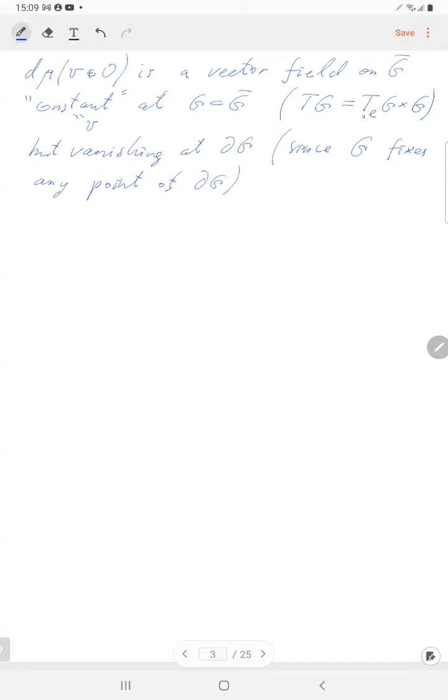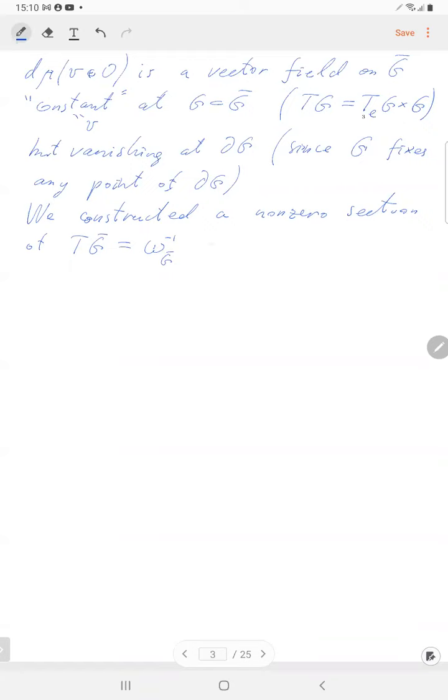Okay, and so we produced a regular vector field, right? And this means, well, it's enough. So we produced a non-zero section of the tangent bundle of G bar, and this is just the canonical class of G bar inverse.